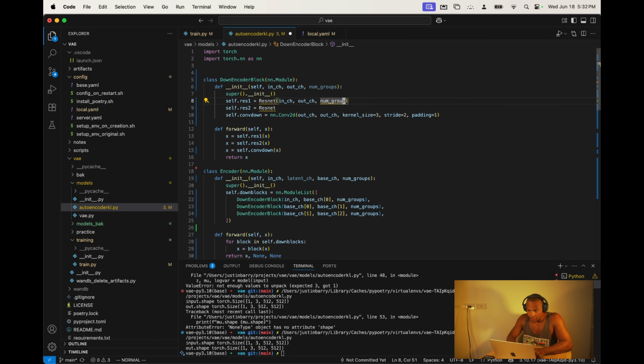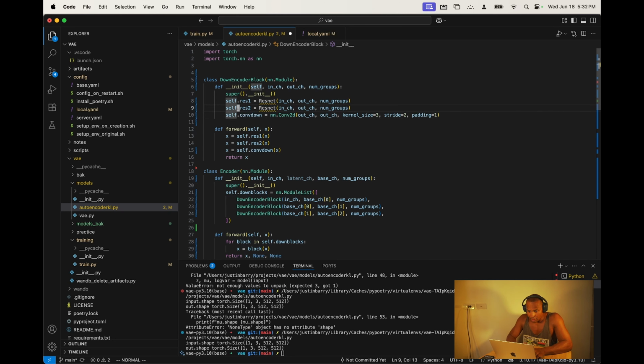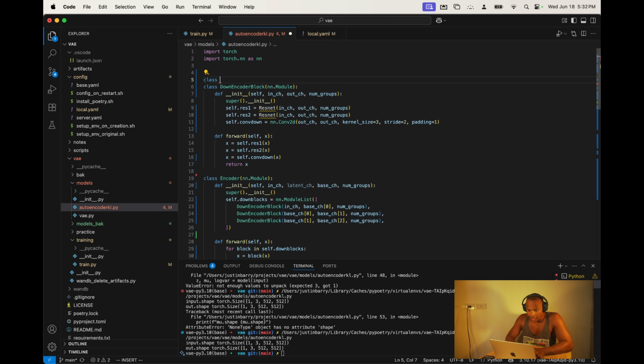Number of groups, so ResNet block 1, ResNet block 2. The parameters are in channels, out channels, and number of groups. So let's make our ResNet block class.